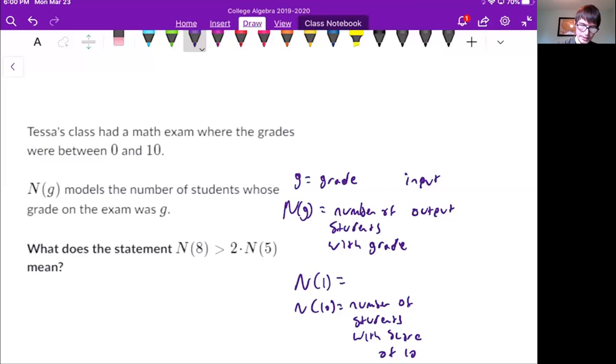Okay, so that's what it's trying to tell us. So N of 8 is the number of students who scored an 8.